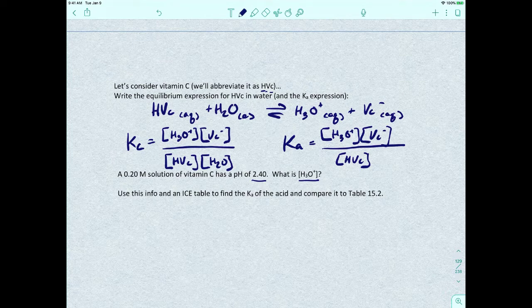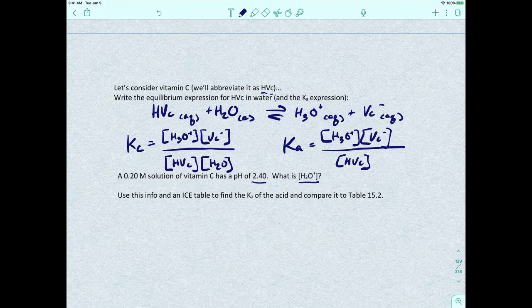There's a couple ways that we could go about this. We know that the pH is 2.40. What is the concentration of H3O plus?